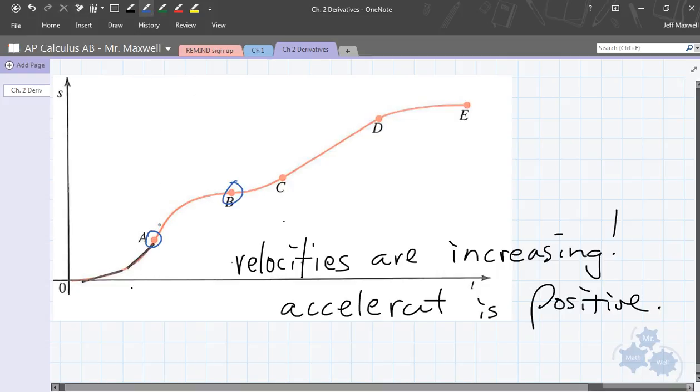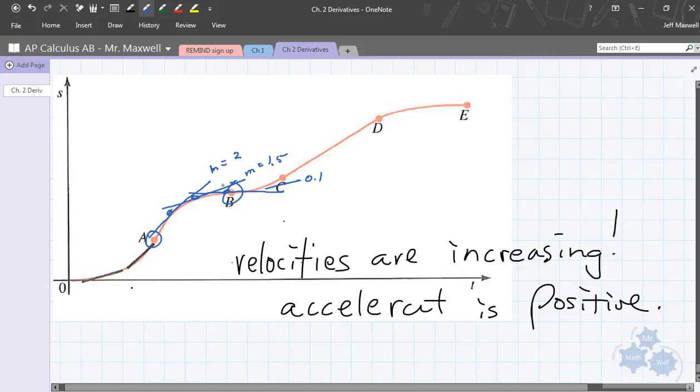Now watch this. If we draw some tangent lines, there's one, there's another one, and there's another one. So let's say the slope here is about 2. The slope here is about 1.5, and the slope here is about 0.1. So what can you say about the velocities from A to B? They are getting smaller.